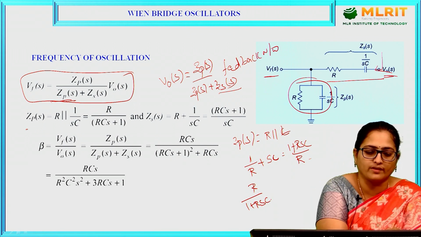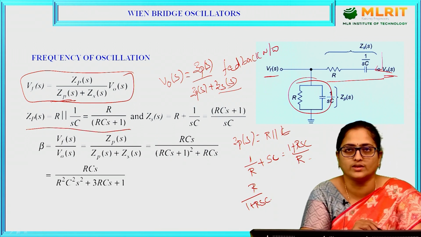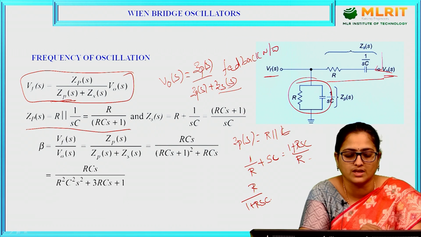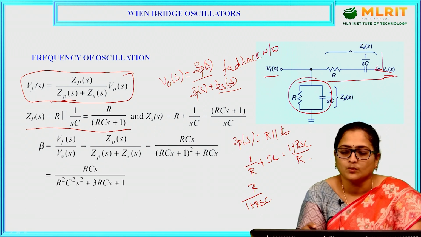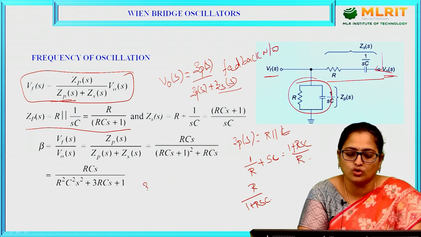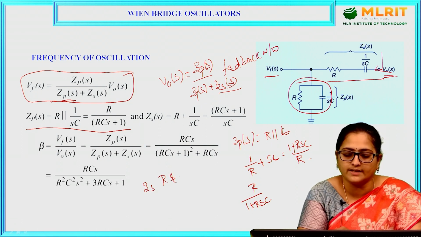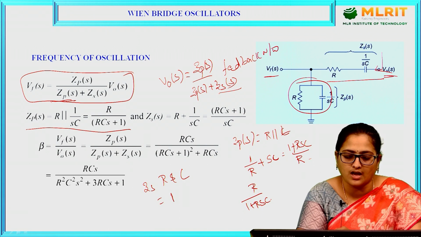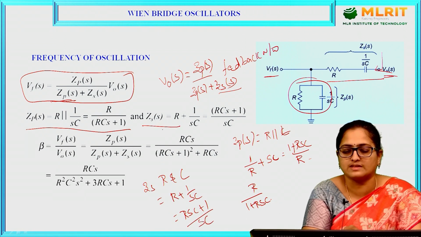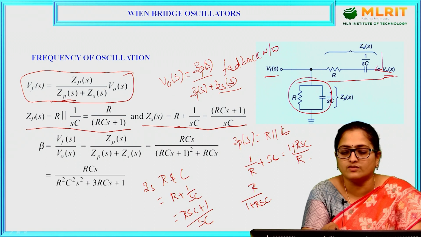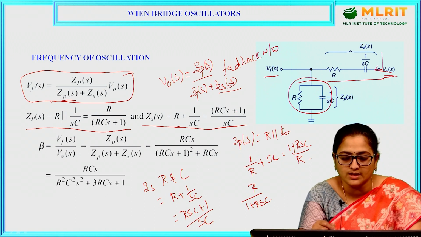So, Zp of S is given as R parallel with the capacitor, R parallel with 1 by SC, which is given as R by RSC plus 1, whereas Zs of S is a series combination of R and C, which is given as R plus 1 by SC, which you can write as RSC plus 1 by SC. So, Zs of S is the series combination of R and C, which is given as RSC plus 1 by SC.